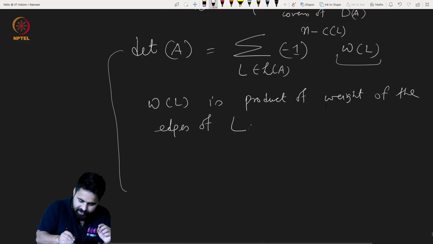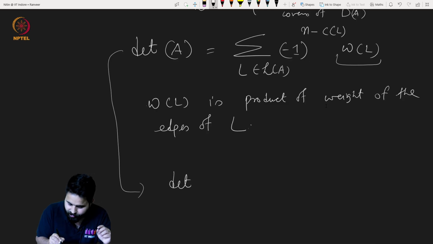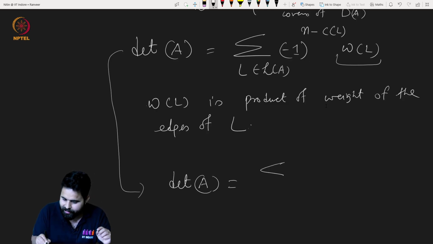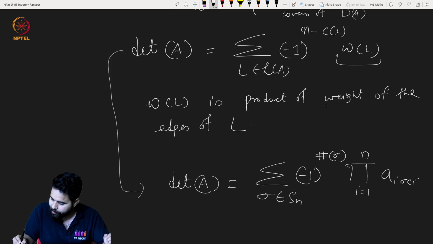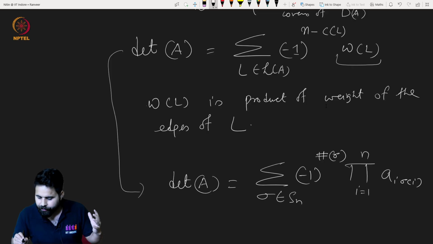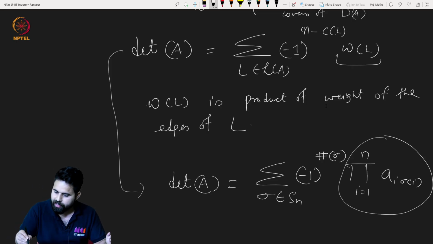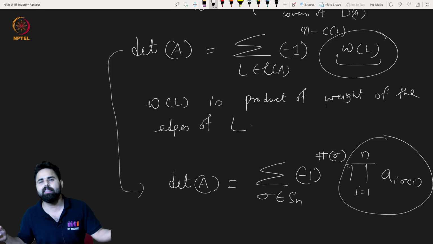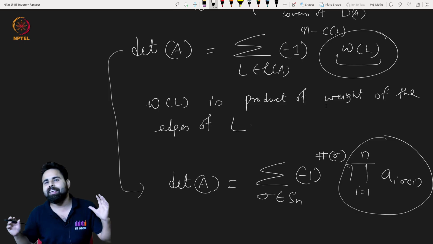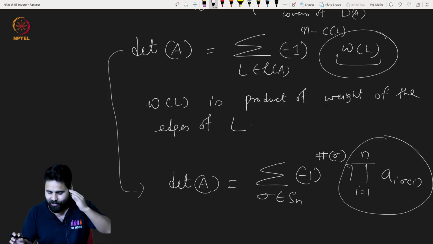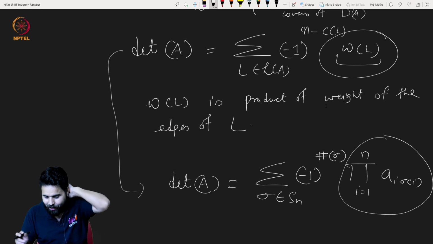Basically, why is this the same as summation over all sigma of minus 1 to the power the inversions of sigma times the product i equal to 1 to n of a i sigma i. Now one thing we have already established, that this product and this are the same, right? We have this one-to-one correspondence between these permutations and the cycles in the cycle cover. But what about the sign?